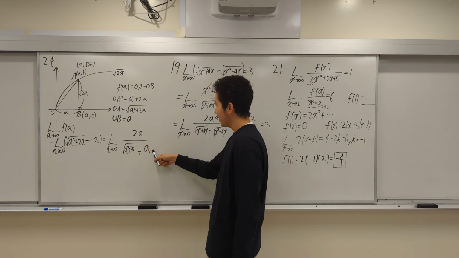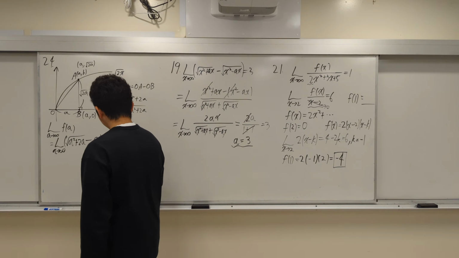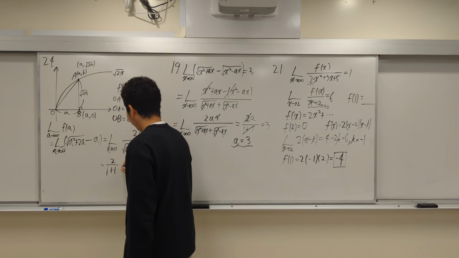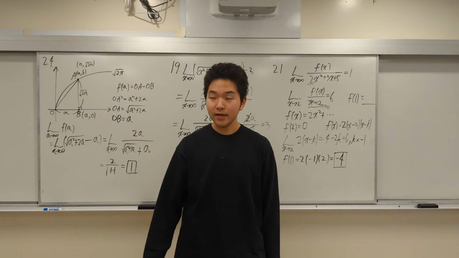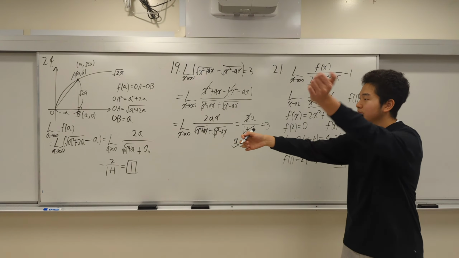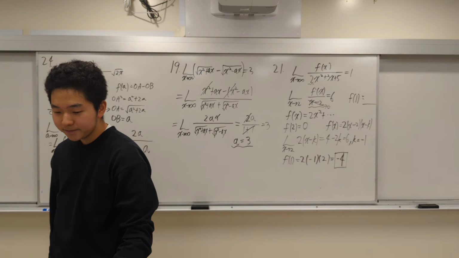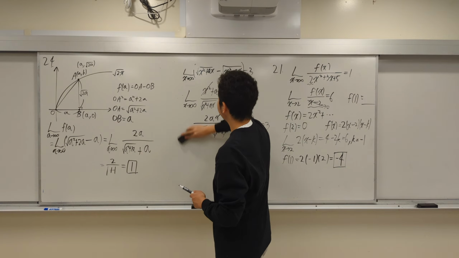So that gives you an infinity over infinity. They're all degree 1, so let's do 2 over square root of 1, which is just 1, plus 1, and the limit that we're looking for is 1. Okay? So I think that's simpler than what we did with number 23. All right, so the next one is 25.